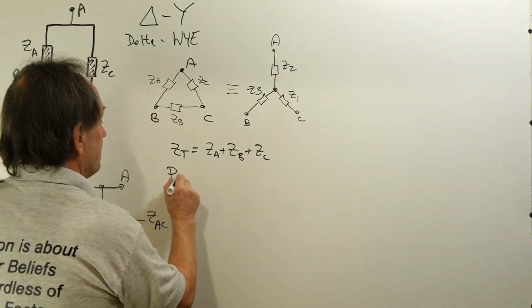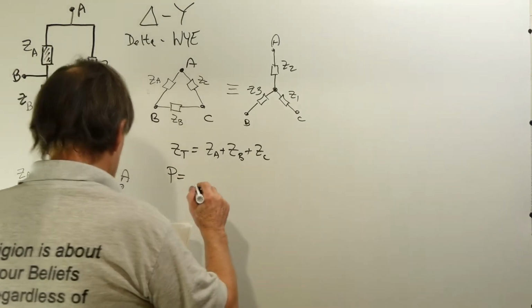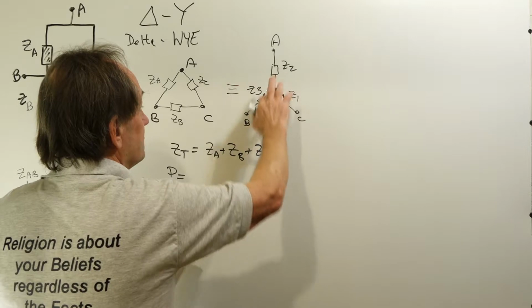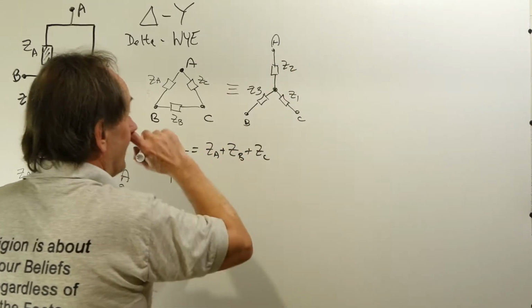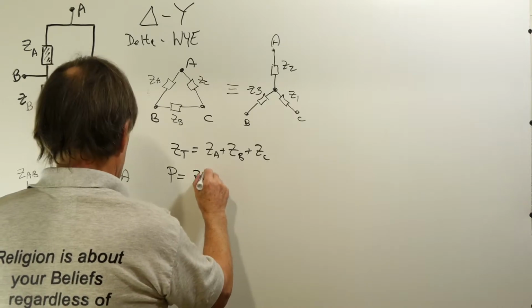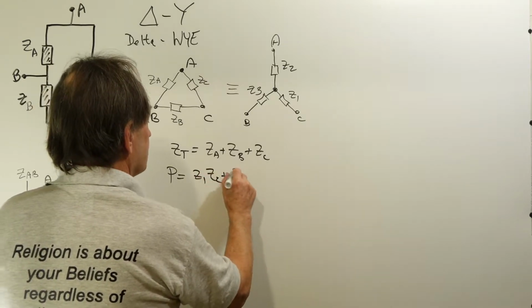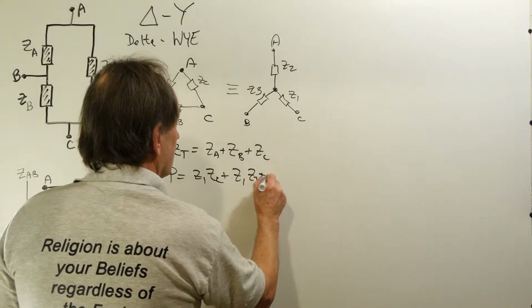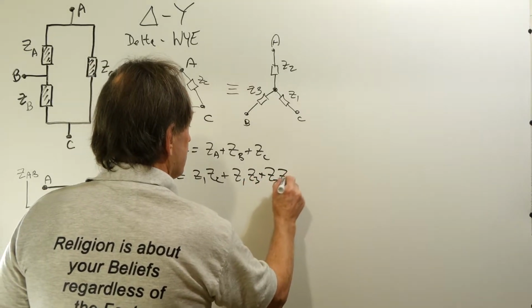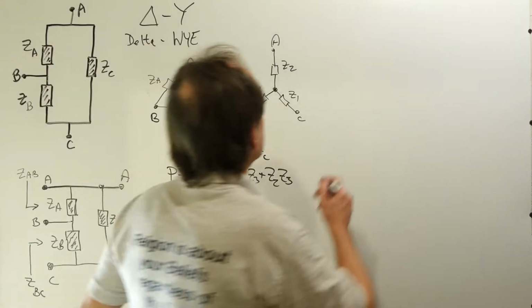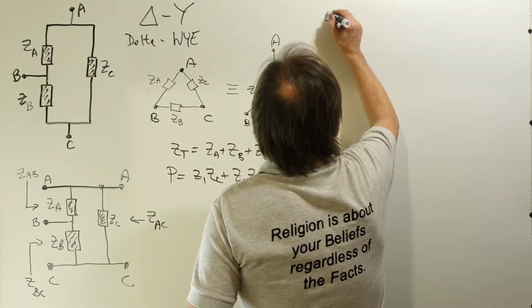And I define P as being a sum of products taken two at a time in the Y network. So P is Z1 Z2 plus Z1 Z3 plus Z2 Z3. So with those definitions, we can write two equations.